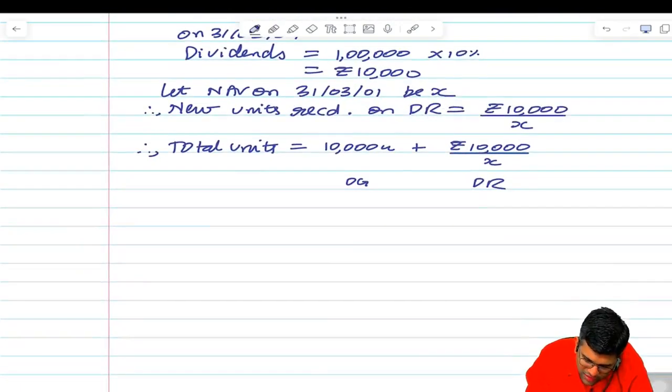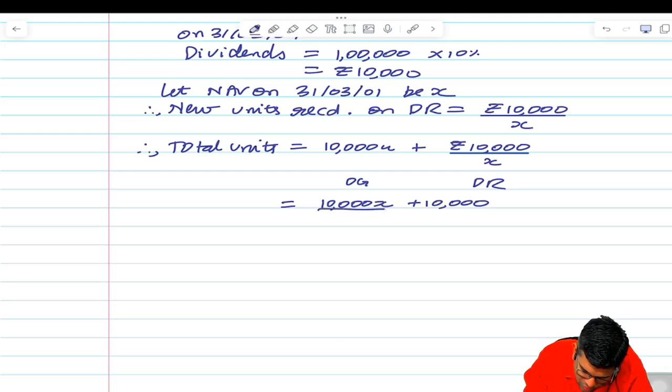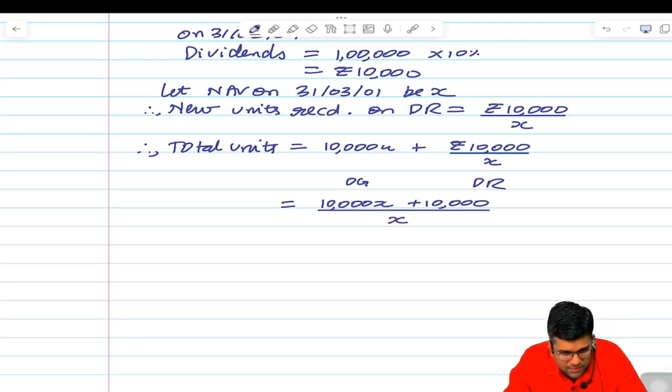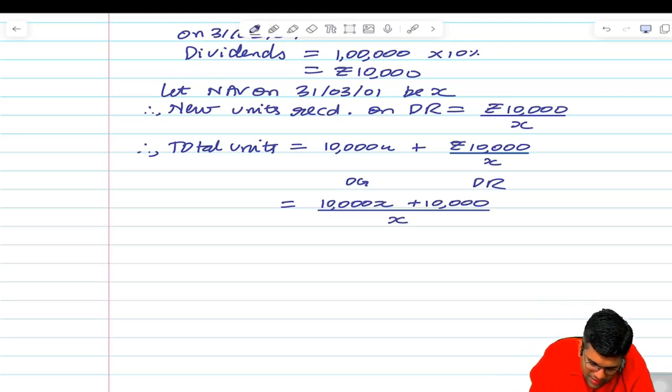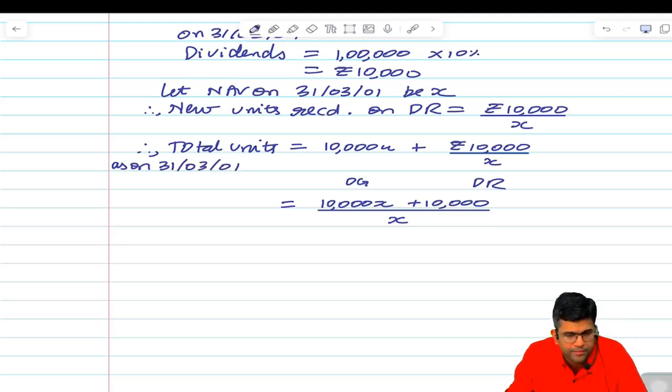If I open this up, this will become 10,000 X plus 10,000, the whole divided by X. Mathematics, everyone following? 10,000 X plus 10,000, the whole upon X, are the total units held as on 31/3/2001. Story clear?